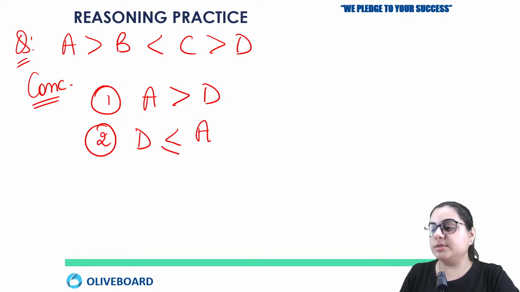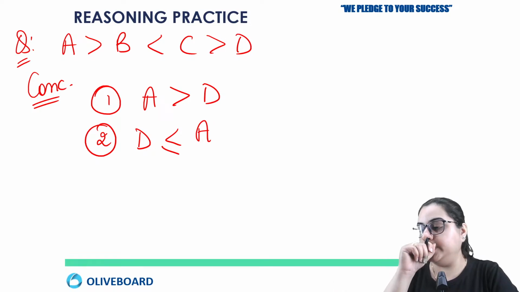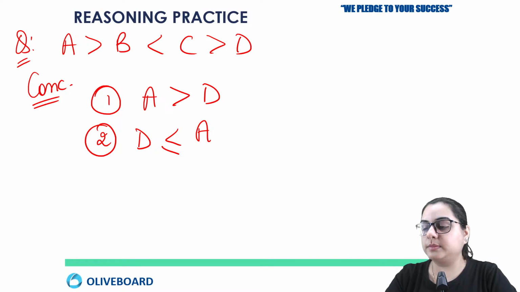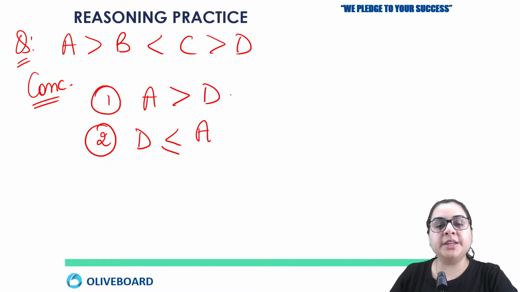Okay. So students, what will be your answer here? Okay, again it will be neither nor, because these cover just two possibilities, although there are three possibilities that are arising here.